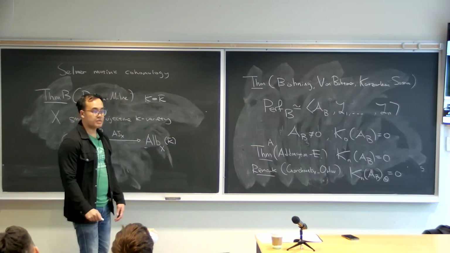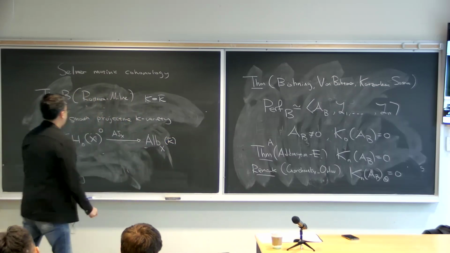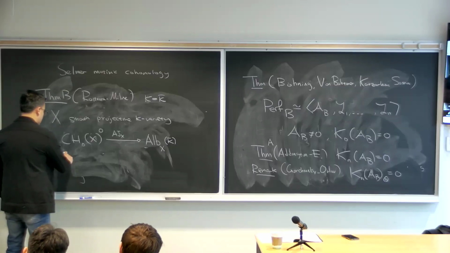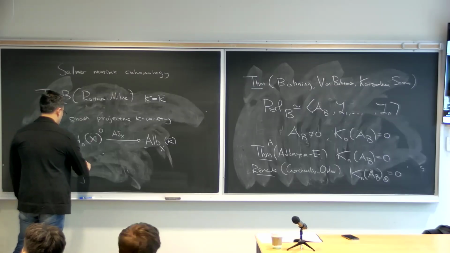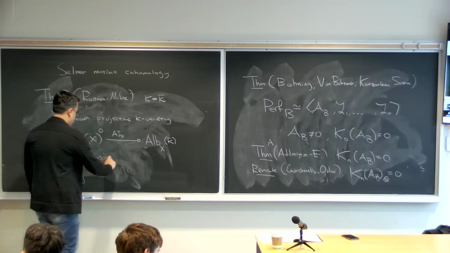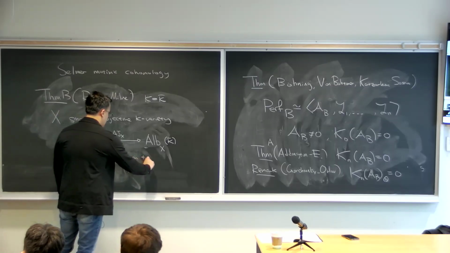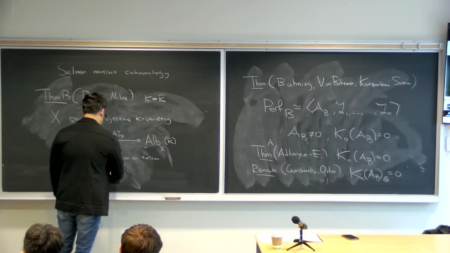So this is an abelian group. Okay. And the theorem of Rojtman and Milne tells you that AJ of X is an isomorphism on torsion subgroups.